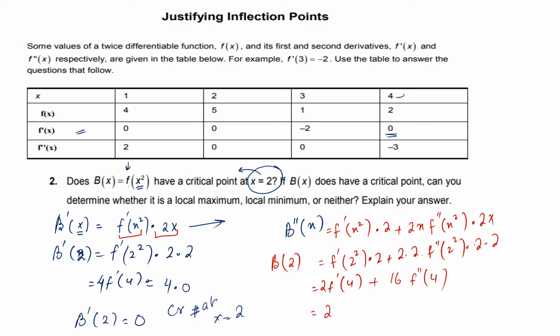Now replace: f prime of 4 is 0, plus 16 times f double prime of 4, which is equal to negative 3. So your answer is negative 48, which is less than 0. So you have a relative or local maximum.